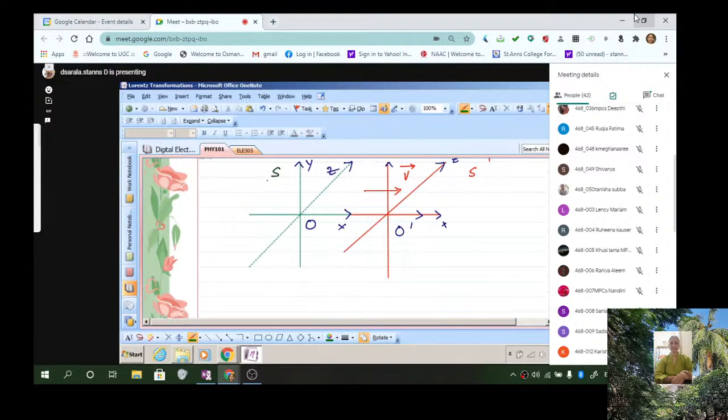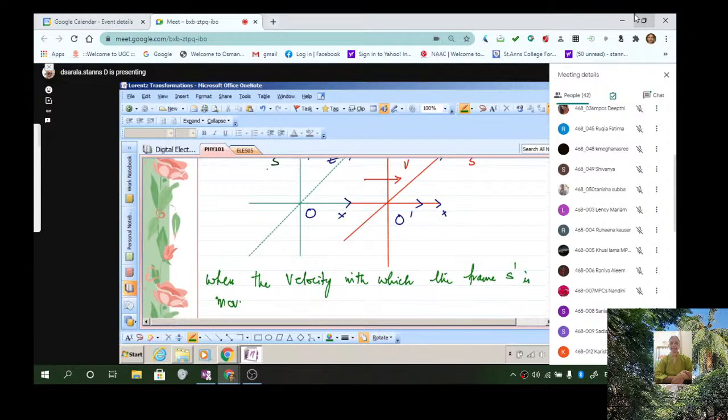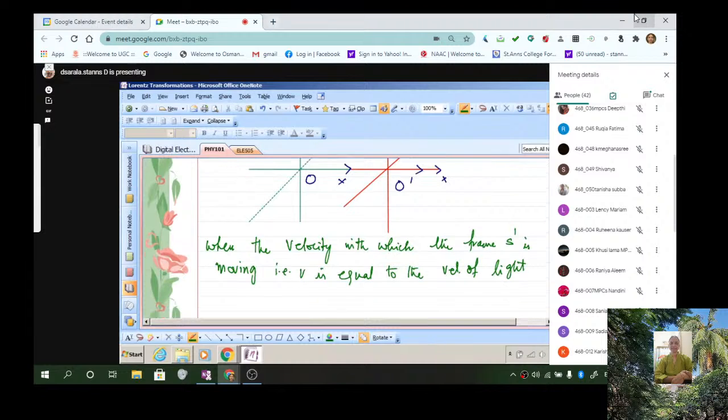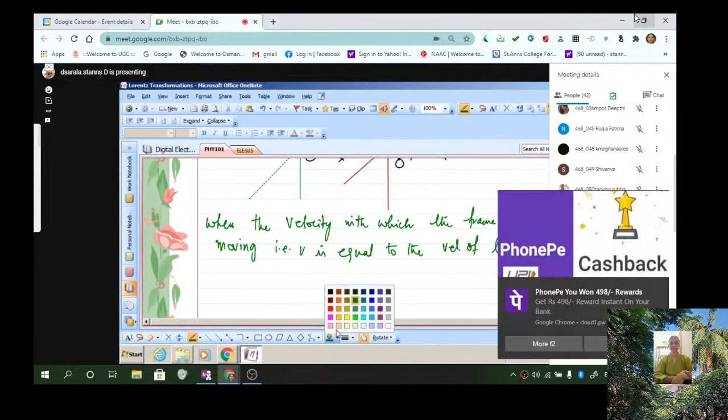So when do you say these are Lorentz transformations? When the velocity with which the frame S prime is moving, that is v, is equal to the velocity of light.